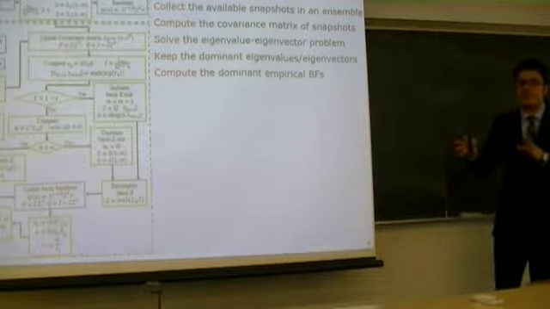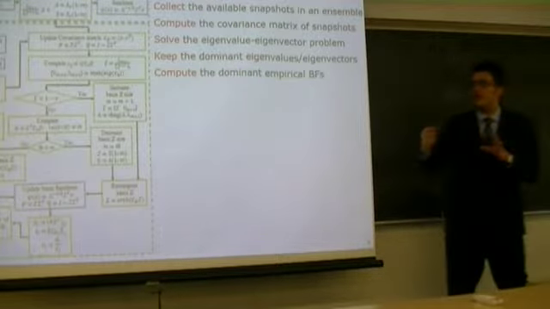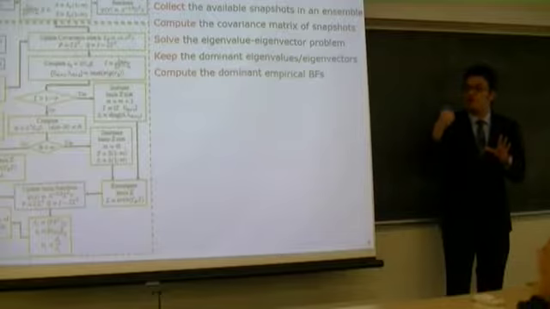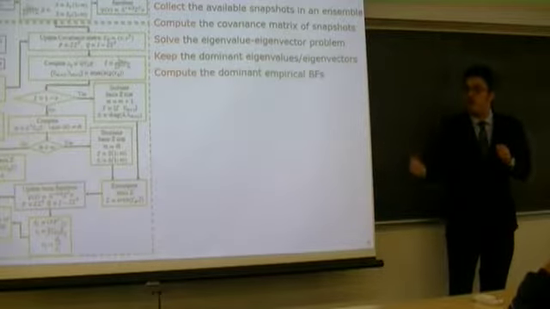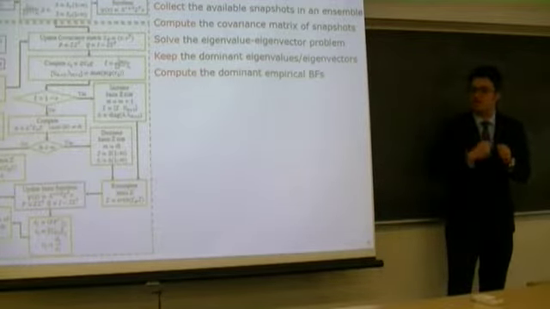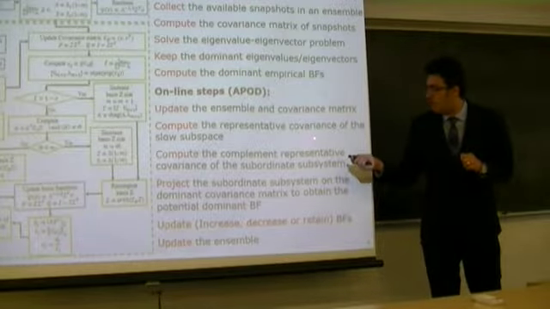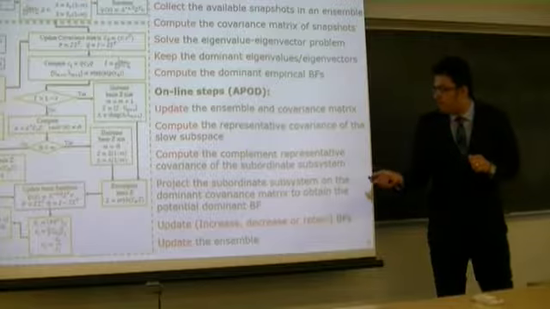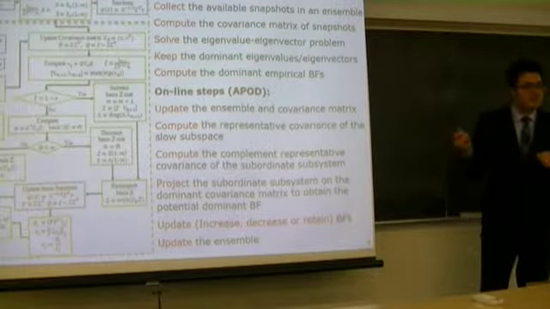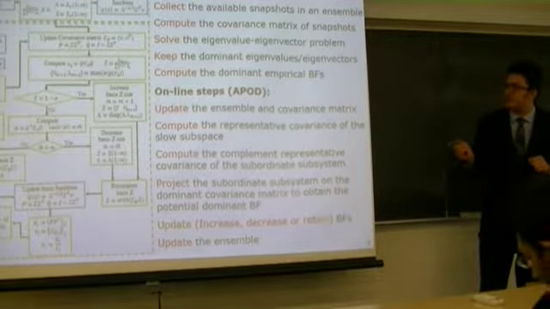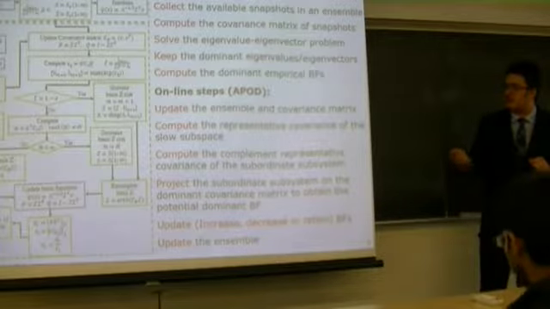And then during the process operation, when new data becomes available from the system dynamics, we revise those empirical basis functions based on considering the overlap between the fast and slow covariance metrics representing the dynamics of the system.